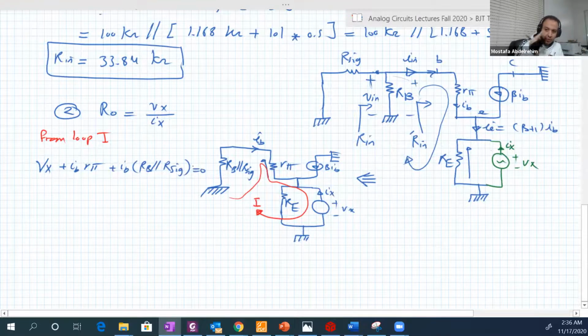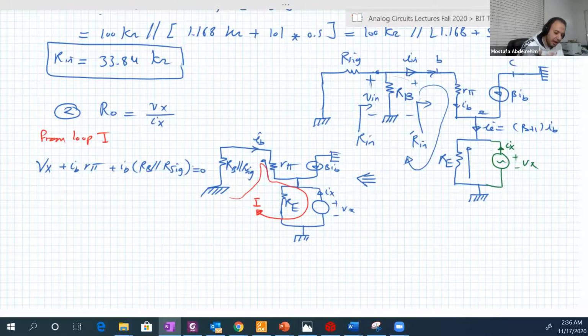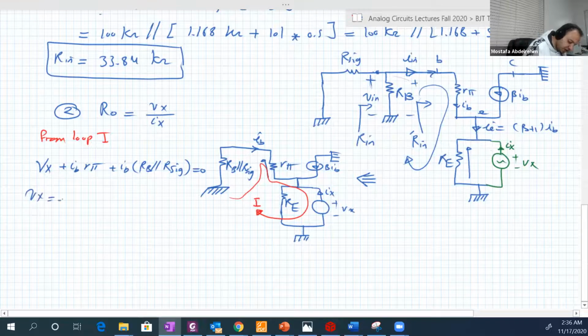We have one loop, three elements in that loop, the voltage source, R pi, and RB parallel R signal. So Vx basically equal to minus IB as a common factor, R pi plus RB parallel R signal.